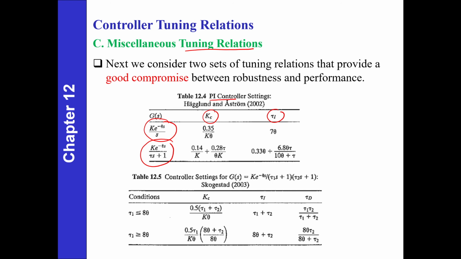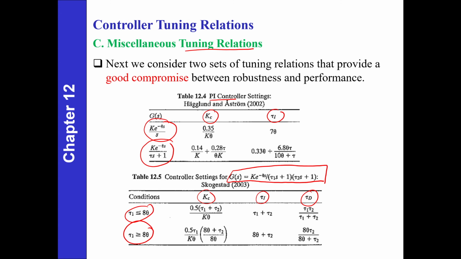And this one is for when you have a model with second order plus time delay. This is how to calculate the controller settings, provided they meet this condition.